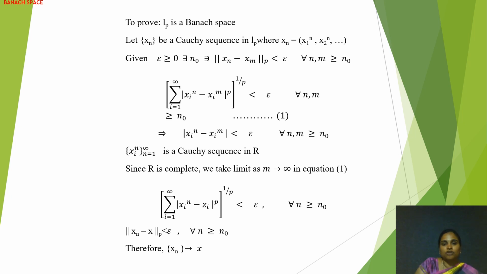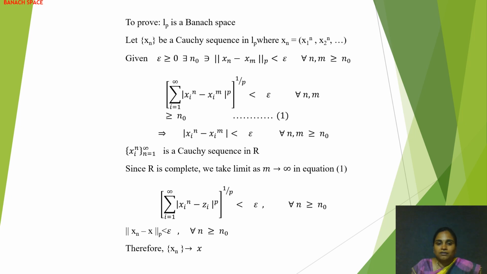So consider the Cauchy sequence x_n, where x_n is equal to x1 power n, x2 power n, etc. So you just assume epsilon is greater than 0. There exists n naught such that norm of x_n minus x_m in l^p is less than epsilon, for every n, m greater than or equal to n naught.